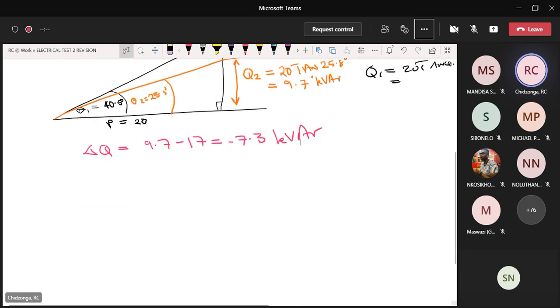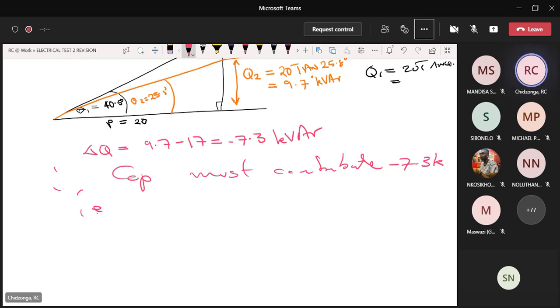So now we know the contribution of the capacitor. Therefore, the capacitor must contribute minus 7.3 kVAR. That is omega C V squared should be equal to 7.3 times 10 to the 3, because this is K, right? But V we know, it's 240.